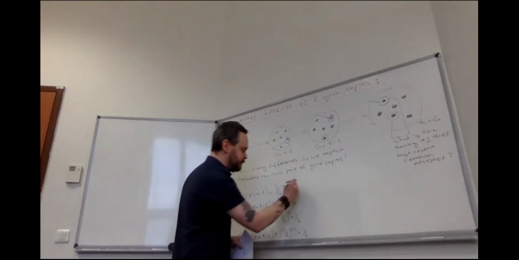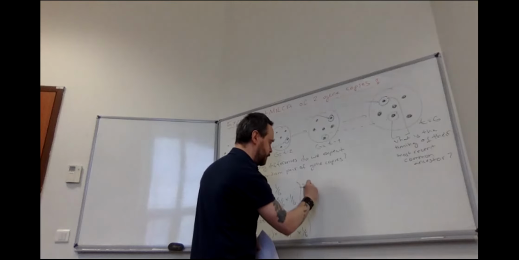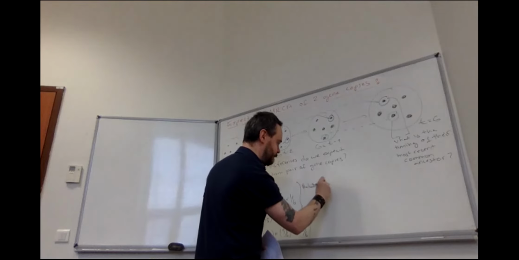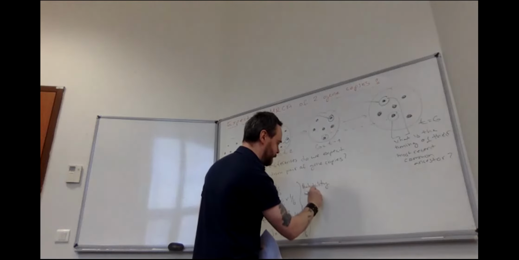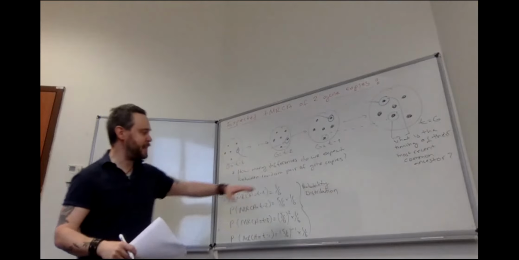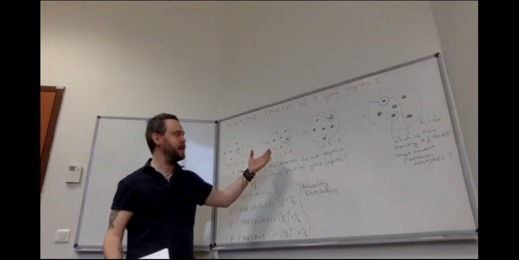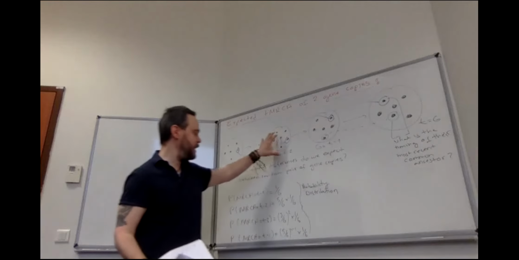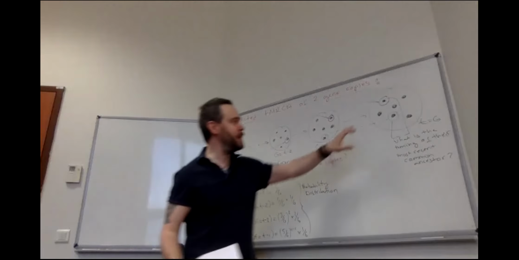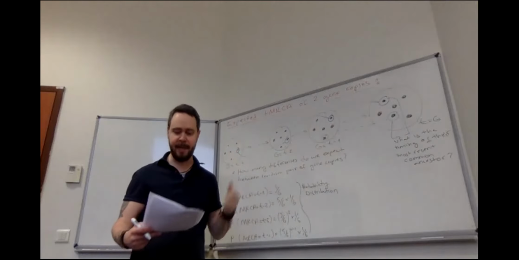So what is this? This here is a probability distribution. So now what we've done is build a probability distribution that allows us to calculate, for each specific time, the probability that these 2 gene copies will have shared a common ancestor.